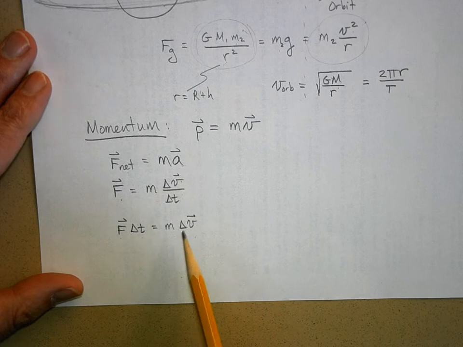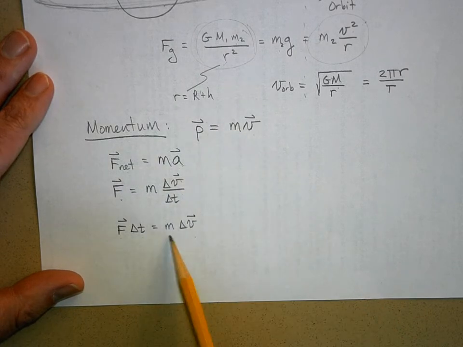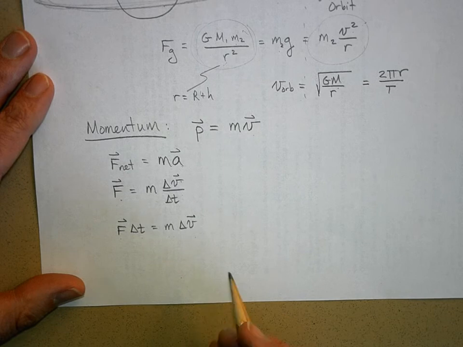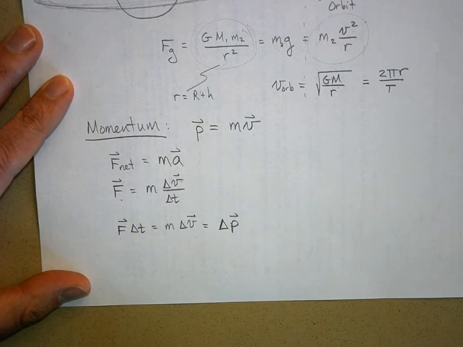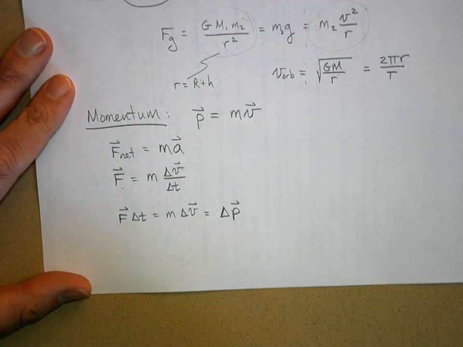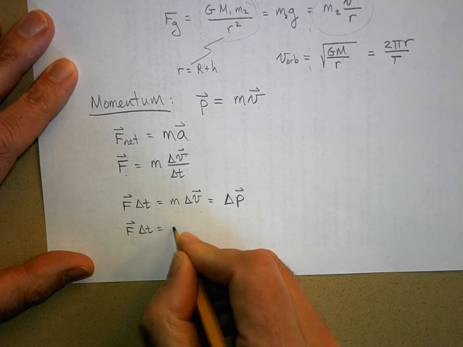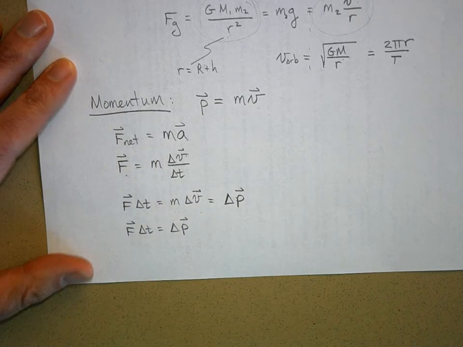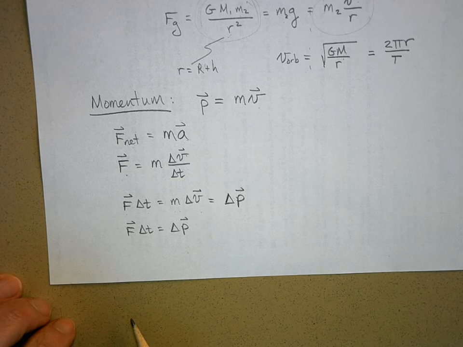Well, mass times velocity is momentum, so mass times a change in velocity is a change in momentum. And this little equation right here, the net force times time is equal to the change in momentum, this equation has a name. It's so important, it's such a big deal, that we've given it a name. It's called the impulse momentum theorem.